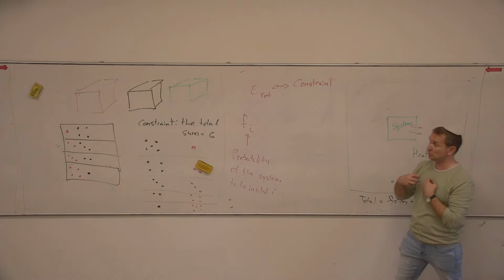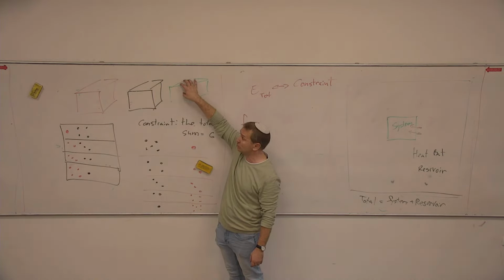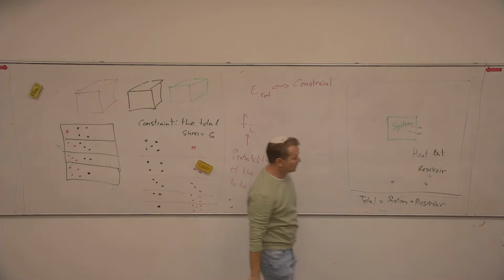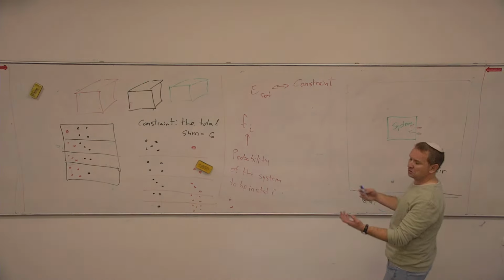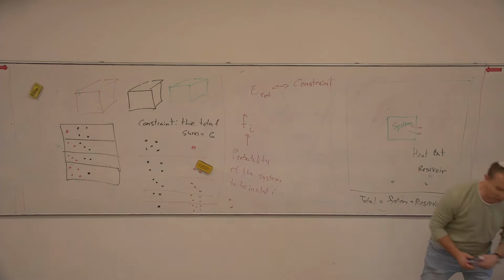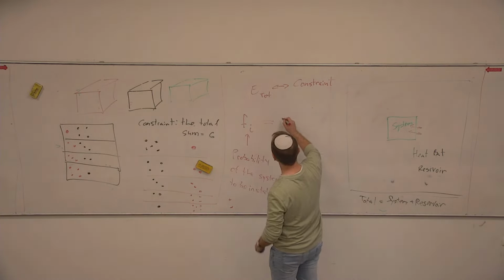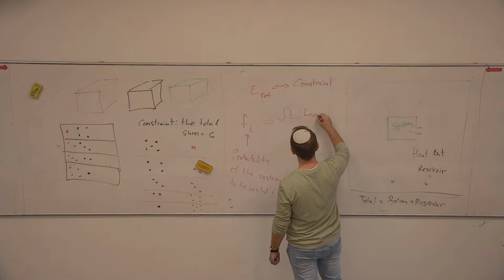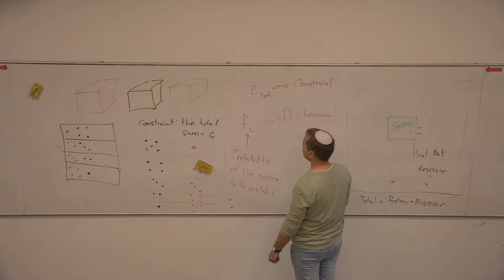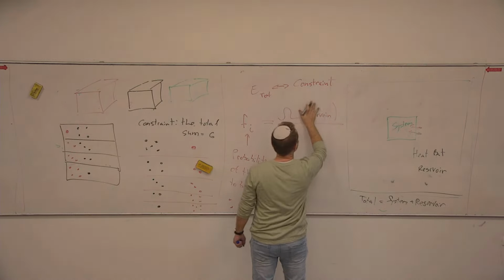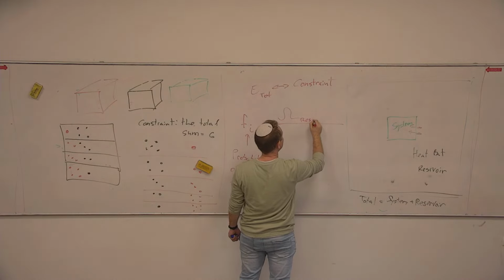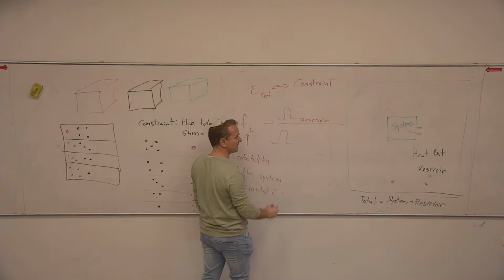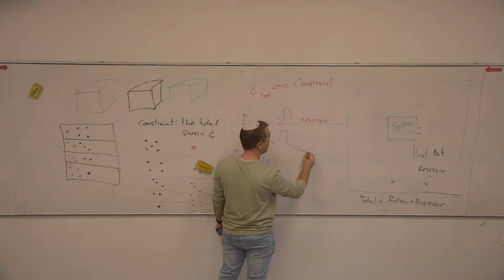But for each single state of my green dice, there are many different states of the black and red. So it's just conditional probability, so it equals the number of states of the reservoir divided by the number of states of the total system.